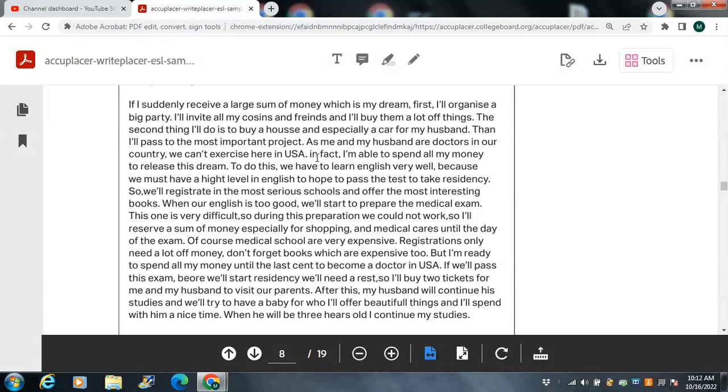Party is one idea, and I'll include inviting cousins and friends as part of that idea. Second idea, buying them lots of things. The next thing is buying a house and a car, which you could argue is a separate idea, but let's just say a house and a car. And then now we're on to the most important project.